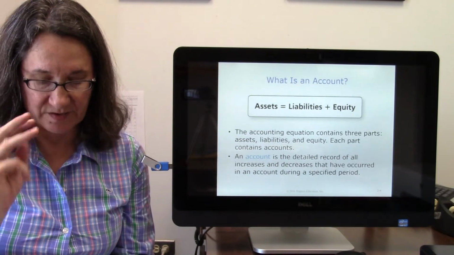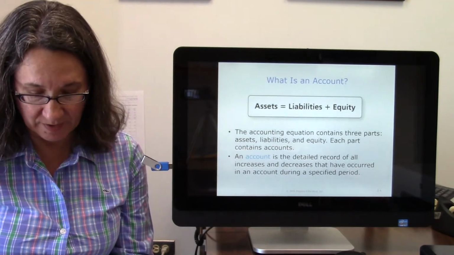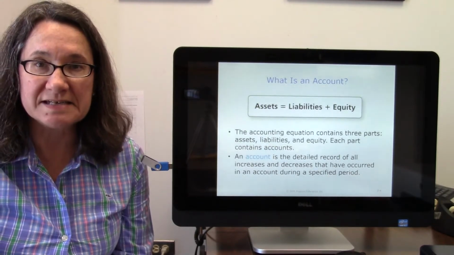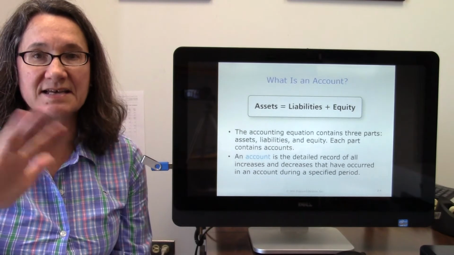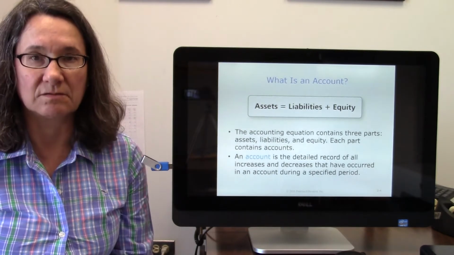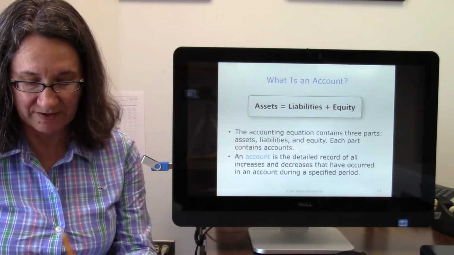So it's got the three parts, right? Assets, liabilities, and equity. The account itself is a more detailed record, so it's not just assets, it's a specific type of asset, right? So the accounting equation is the basic tool of accounting.